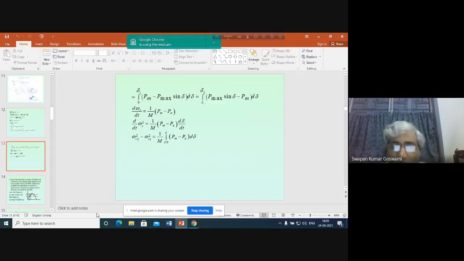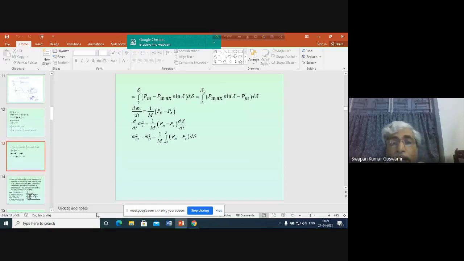Though in determining the stability of a generator connected in a large power system you cannot apply this, you have to go for the solution of the swing equation using a numerical technique. But that solution will not help you in understanding the stability problem.